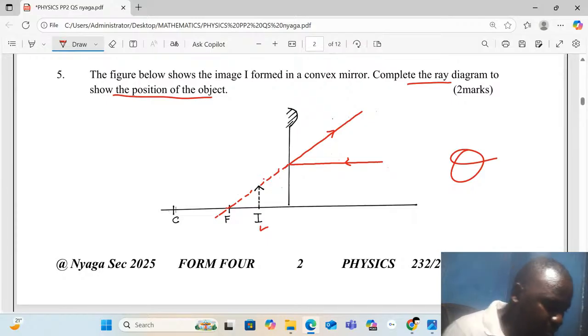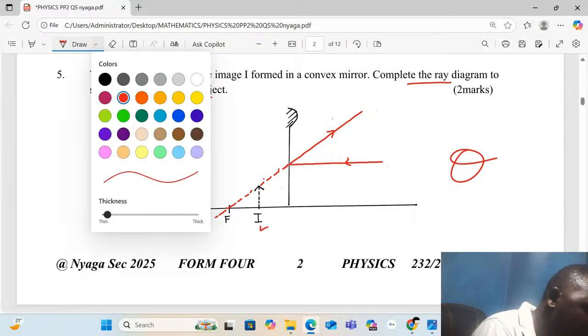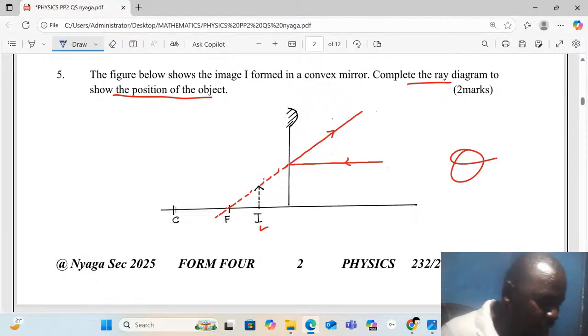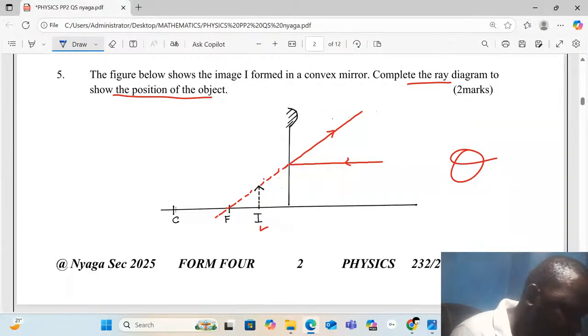Then we have the second ray, which is a ray that must be through the center of curvature. In this case, the ray will be reflected back through the same path. So now I have to draw it and make sure that it is through the C and also touching the tip of the image.